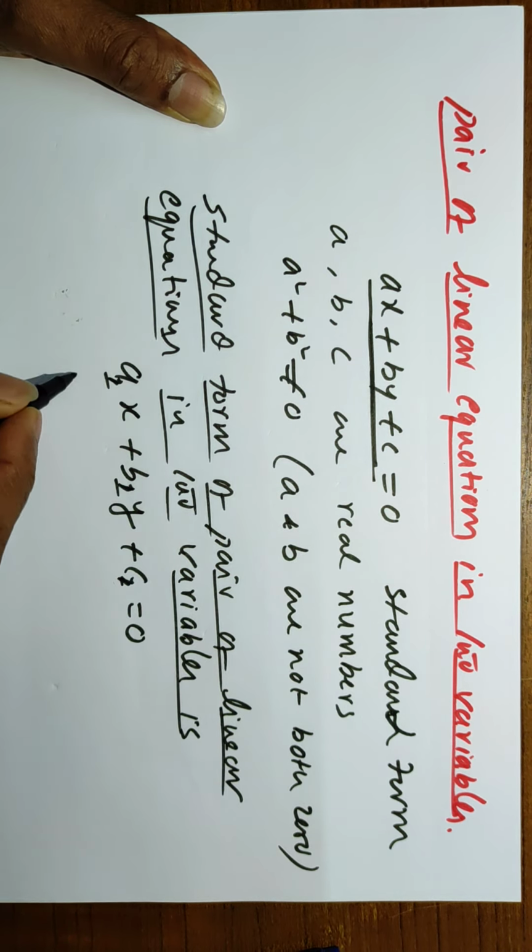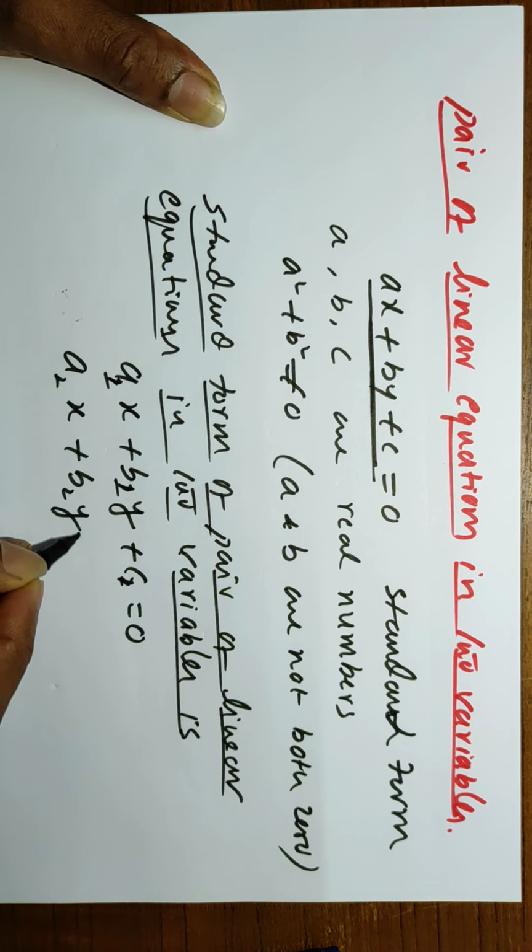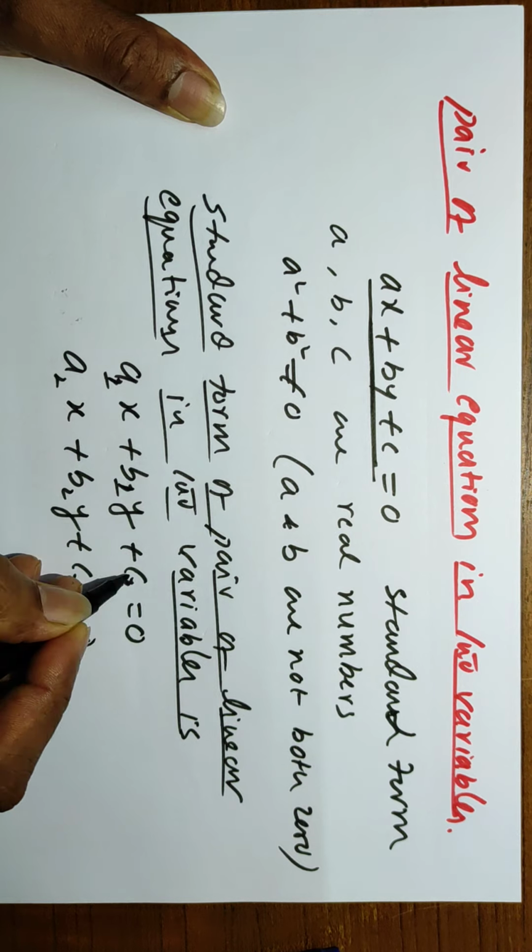One equation. Another is a2x plus b2y plus c2 equals 0.